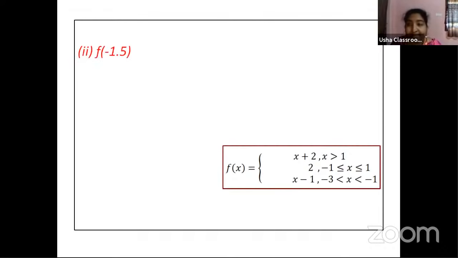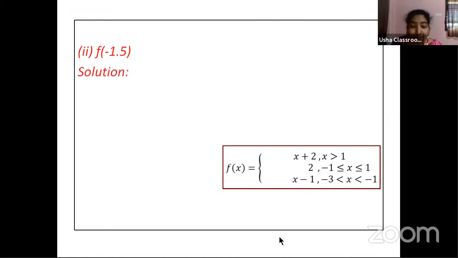Now, we will take the next bit, f of minus 1.5. Just observe where this minus 1.5 lies, in which interval. Now, minus 1.5 is not greater than 1. Minus 1.5 will not come in this interval. So, it should be only in between -3 and -1, right?